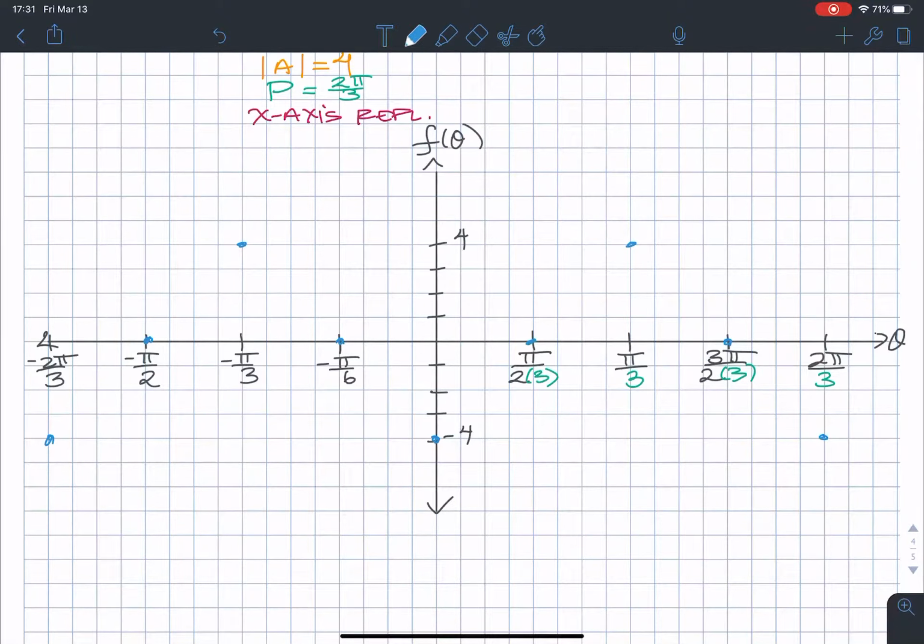Okay, so this is what cosine would look like if we were to plot it. But remember, we're not. We're plotting this as a guide to secant.